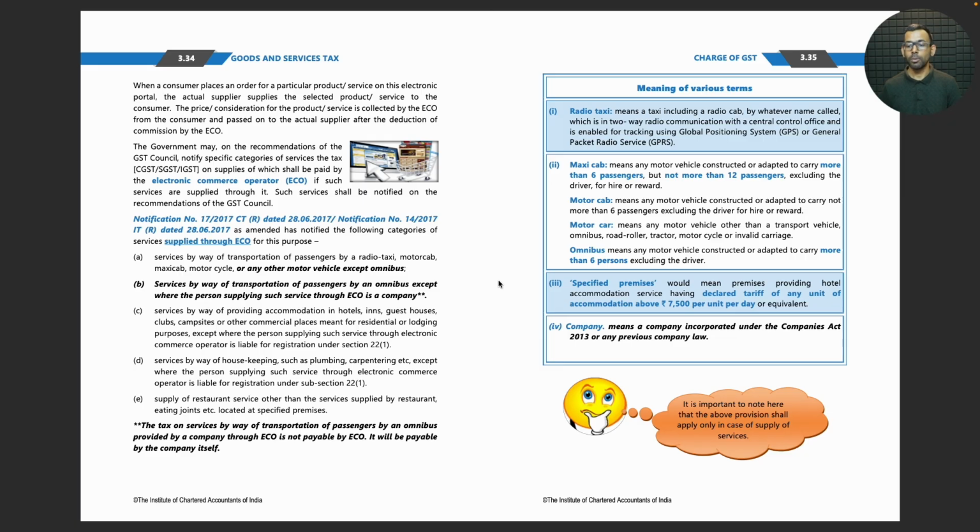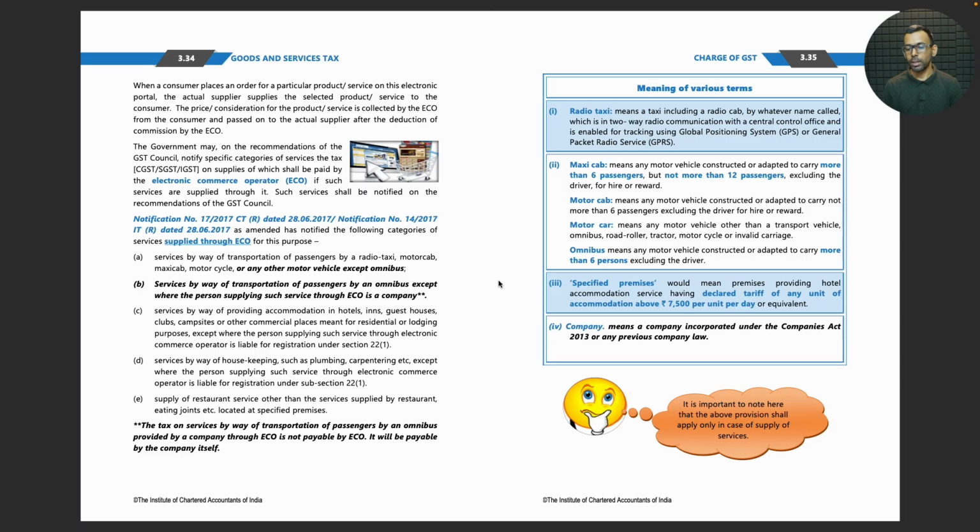Specified premises would mean premises providing hotel accommodation service having declared tariff of any unit of accommodation above 7500 per unit per day or equivalent. Company means a company incorporated under the Companies Act 2013 or any other previous company law.